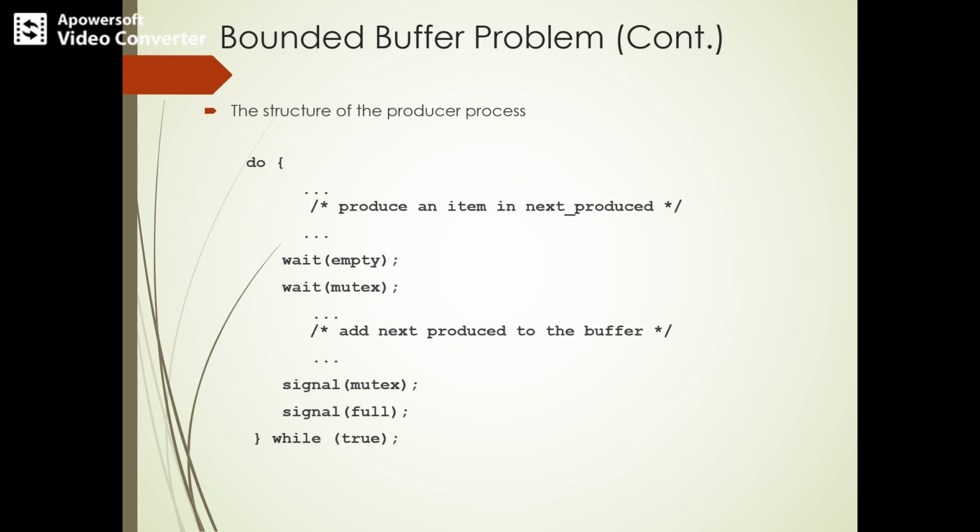During the process of adding the item to the buffer, mutual exclusion is set, and then the signal for the mutex lock is released, and the signal of full is executed. Full is set to 0 initially.